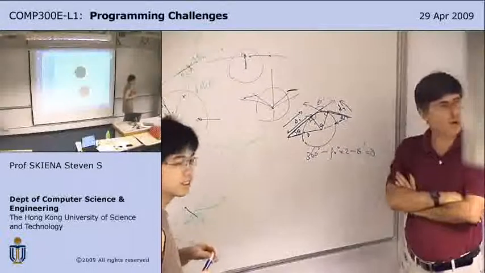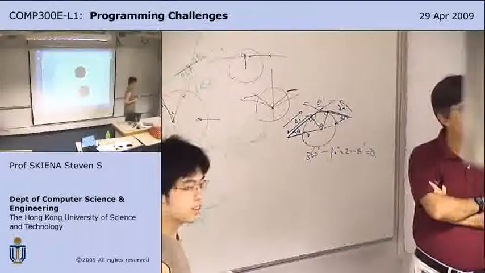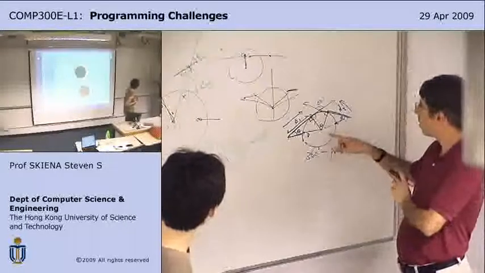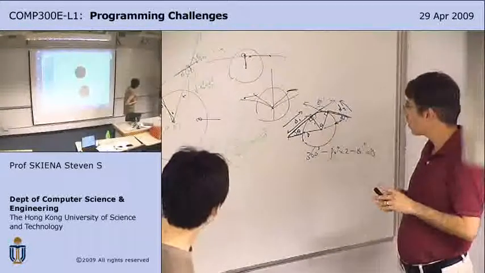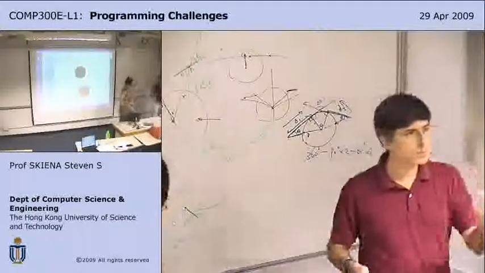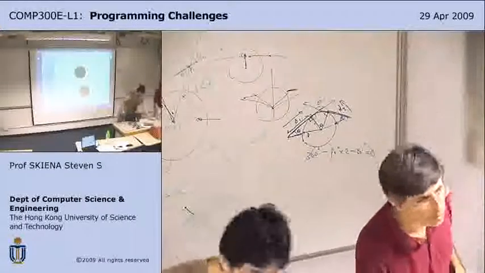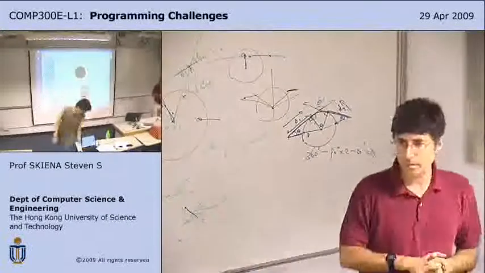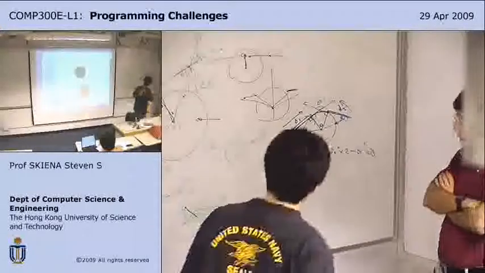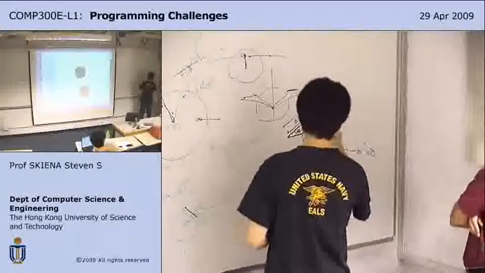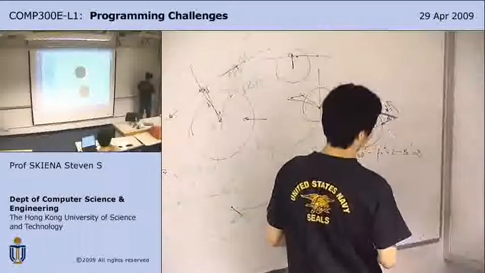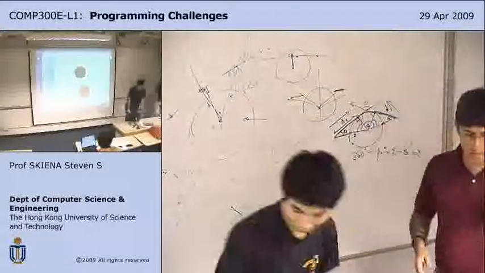Does anybody have another way to do it? We can calculate the angle between the two lines of the radius and then minus the... Wait, which way is this? Show me. Okay, so that's an interesting possibility.